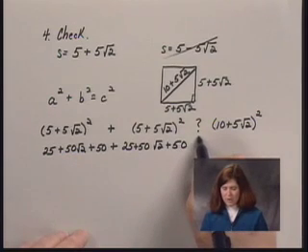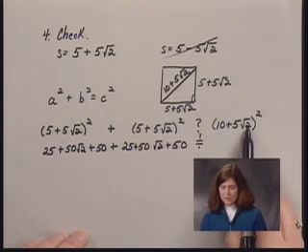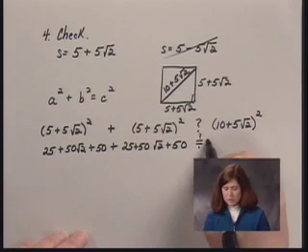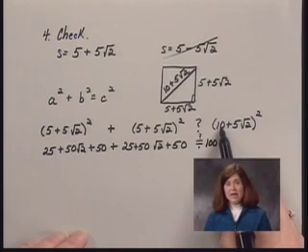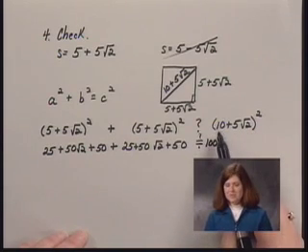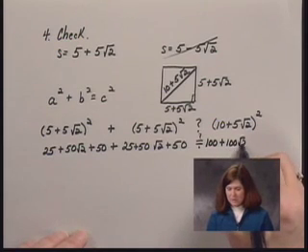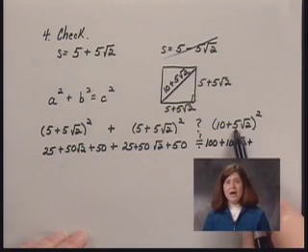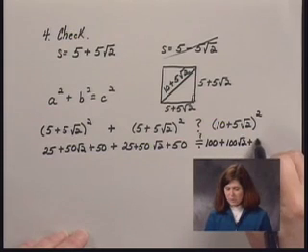And I want to know if that equals this. Squaring this, I have 10 squared, which is 100, plus 2 times 10 times 5 times the square root of 2. 2 times 10 is 20, 20 times 5 is 100. So I have 100 square root of 2 plus 5 times the square root of 2 squared, which again is 25 times 2, or 50.